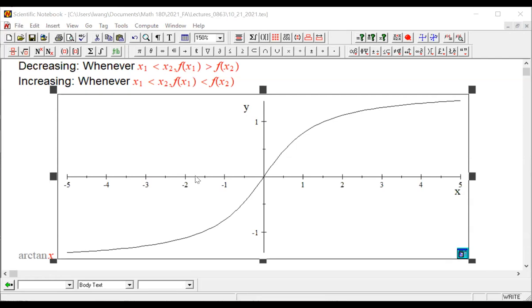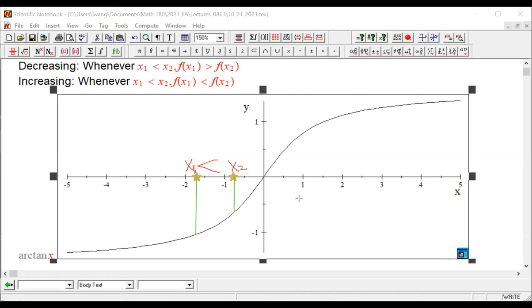I'm going to pick a point here arbitrarily, and I'm going to pick a point there. So this is x1, that's x2, x1 is less than x2, whenever. Let's see what is f of x1. This is f of x1, and this is f of x2.